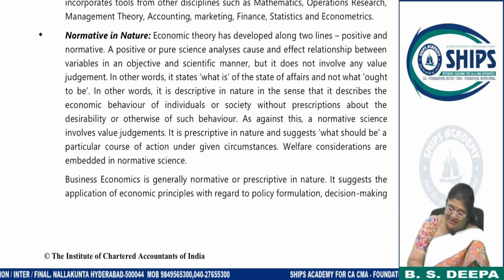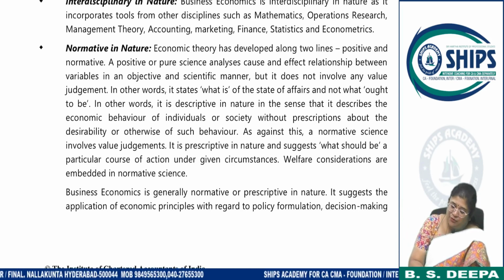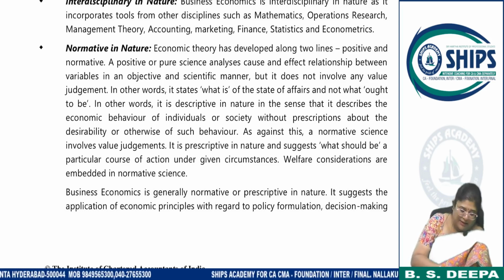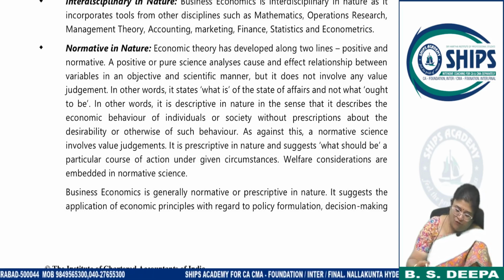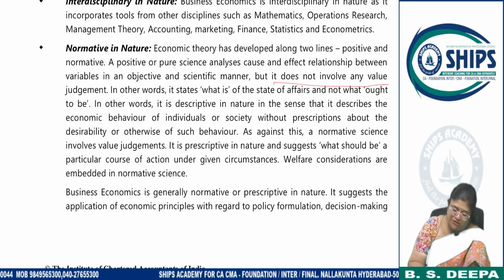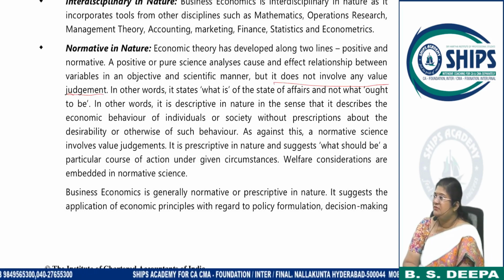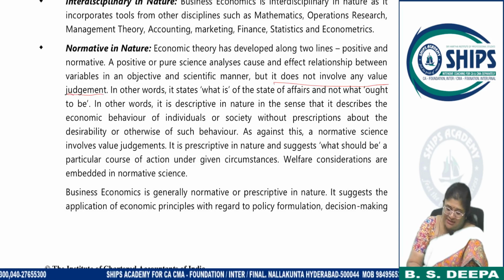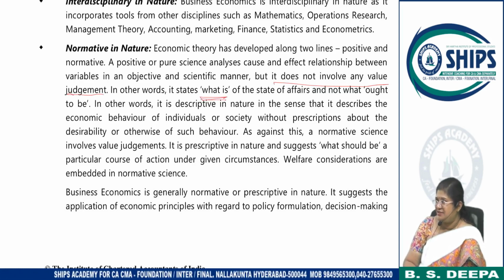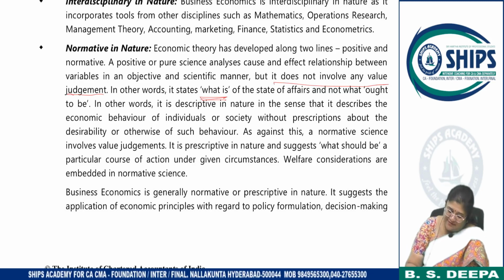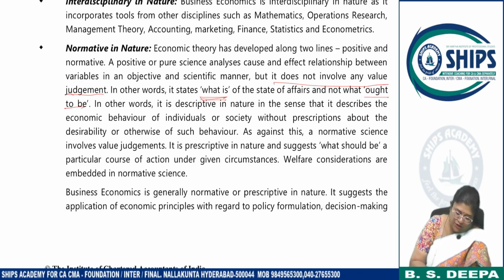That is why, see here, positive or pure science analyzes only cause and effect relationship, but it does not involve any value judgment. Positive science deals with only what is, facts, whereas normative science deals with what ought to be.